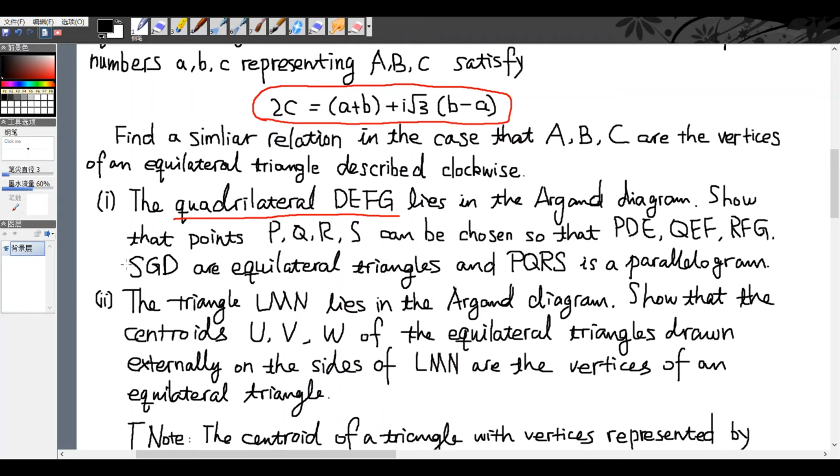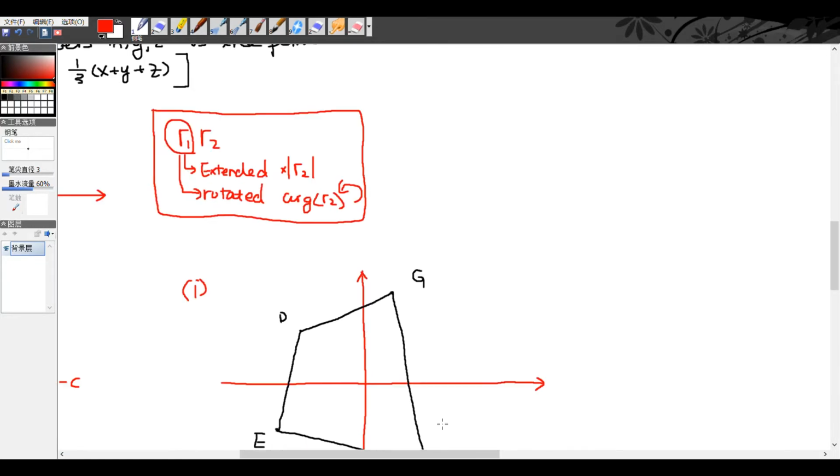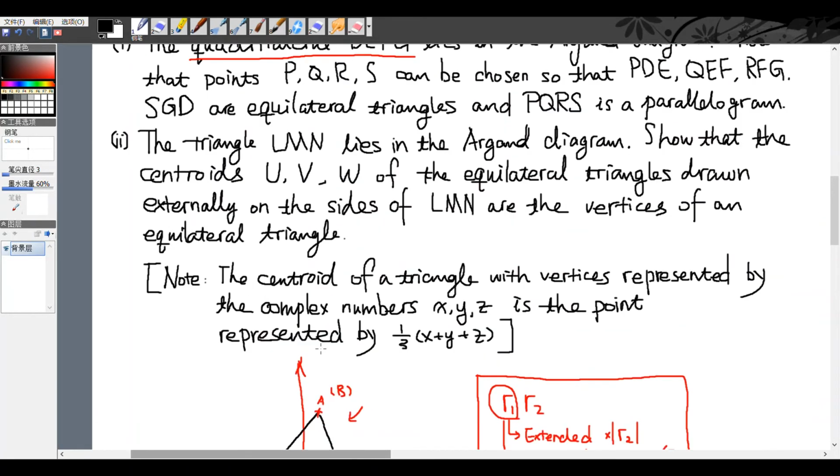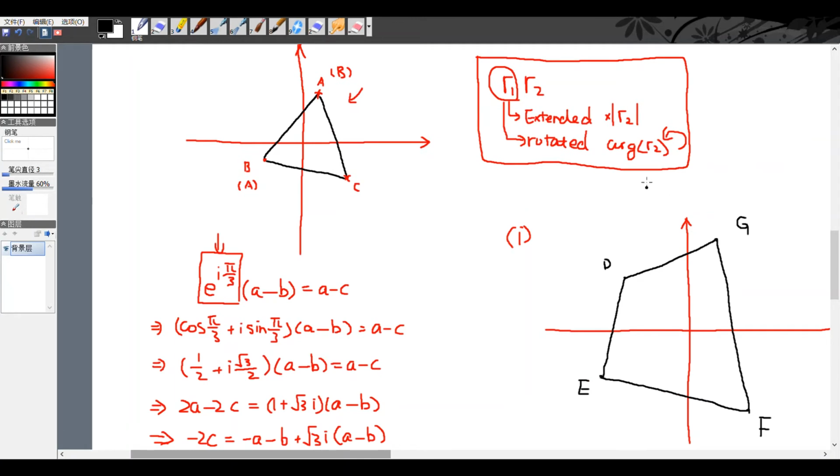Show that the points P, Q, R, S can be chosen so that PDE, QEF, RFG, SGD are equilateral triangles. Which means we just extend equilateral triangles using the sides of this random quadrilateral. So SGD, S is here, and this is the quadrilateral extended.